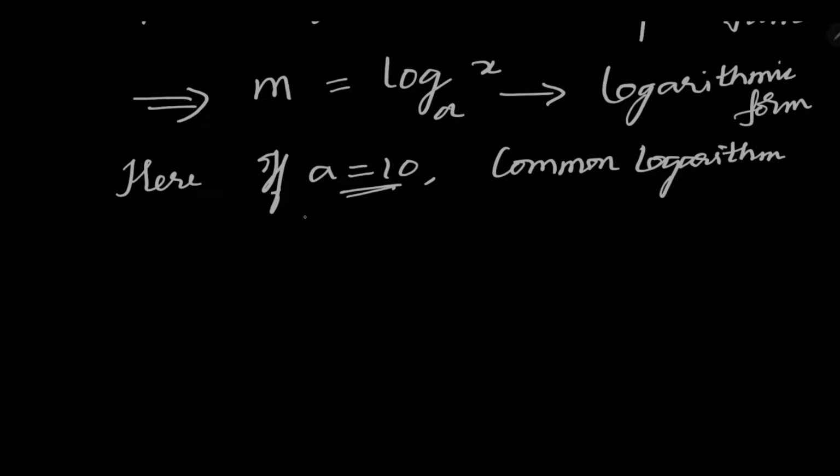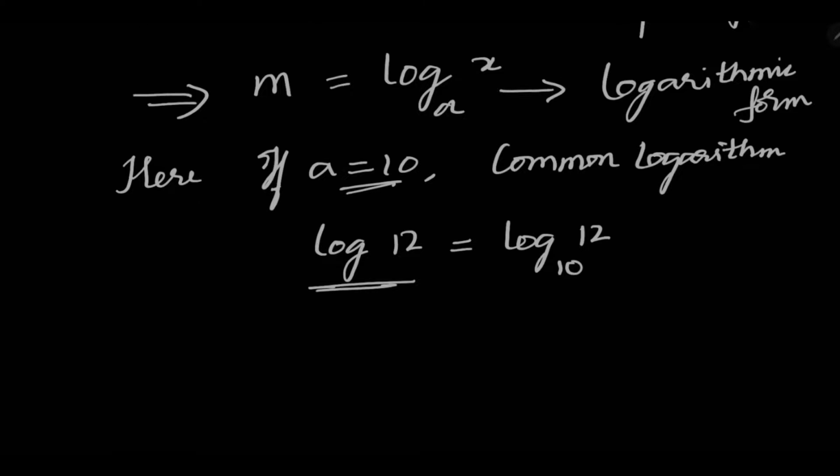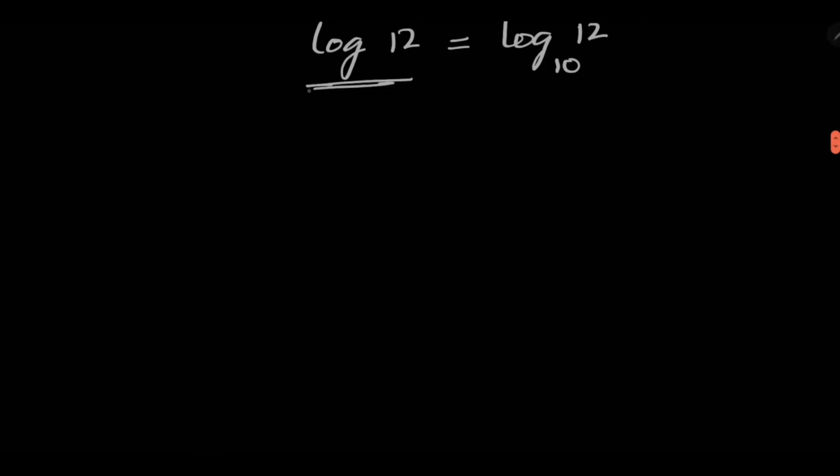It is understood that if the base is not mentioned, if we just say log of a number, then it is log of that number to the base 10. Logarithm has two parts. Let us see an example, then it will be clear.